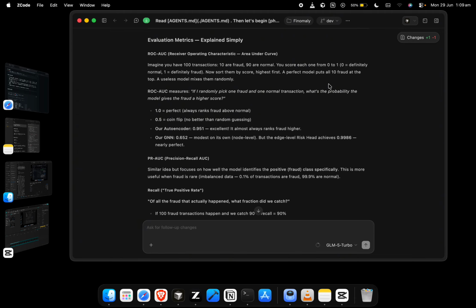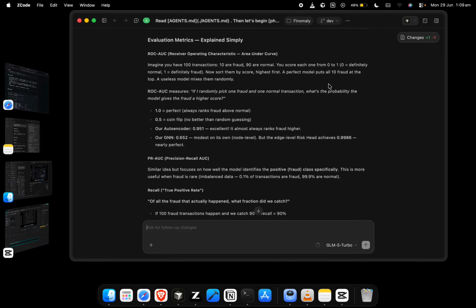It's excellent because it almost always ranks fraud higher, which, to be fair, is what we want from a machine learning model. Our GNN 0.652, it's modest on its own node level, but the edge level risk head achieves a 0.9986, which is nearly perfect.